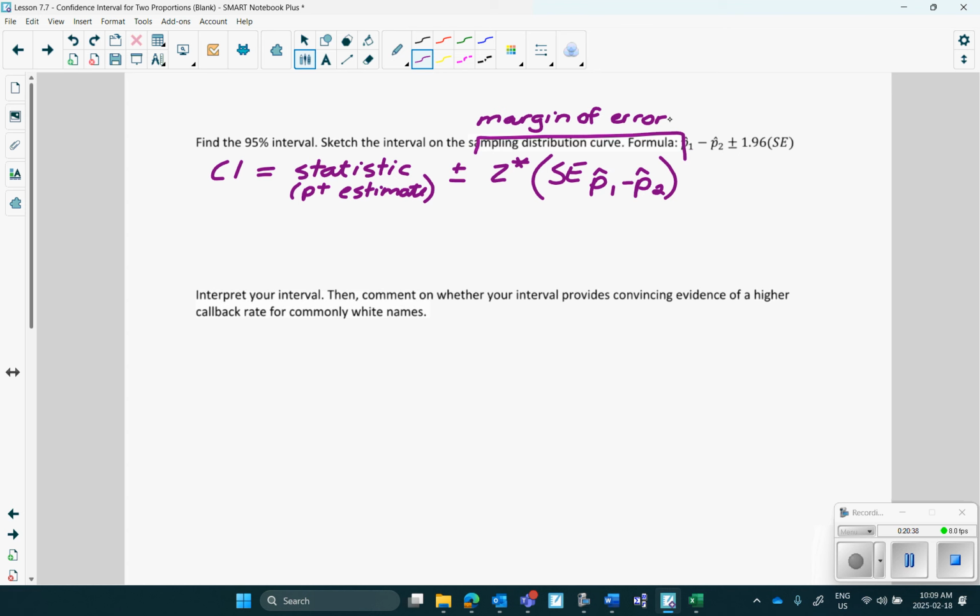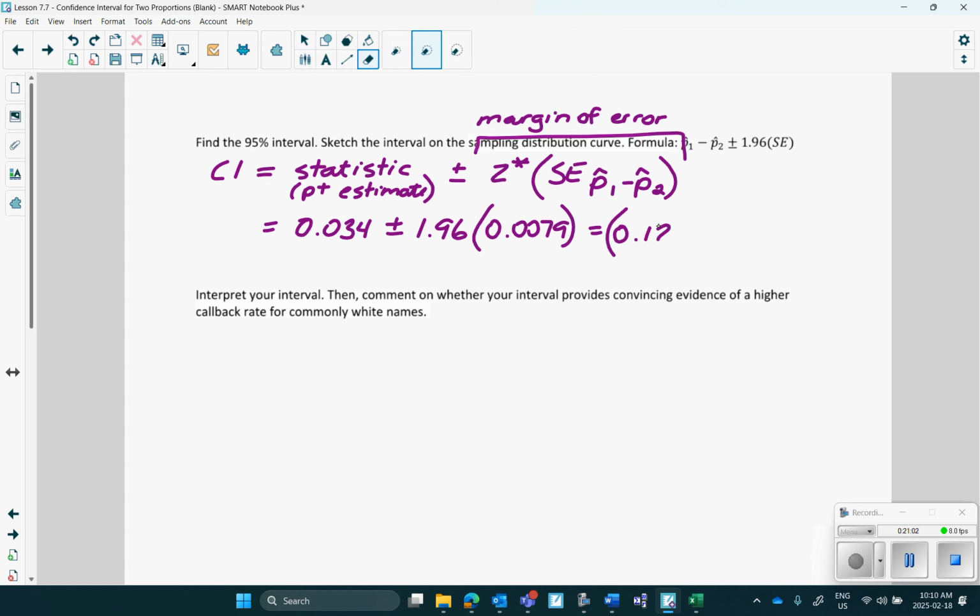So we got 0.034 plus or minus, and we said 95% is 1.96 standard errors away, times the standard error itself of 0.079 gives us a confidence interval of 0.018516, if I want to be as precise as possible.